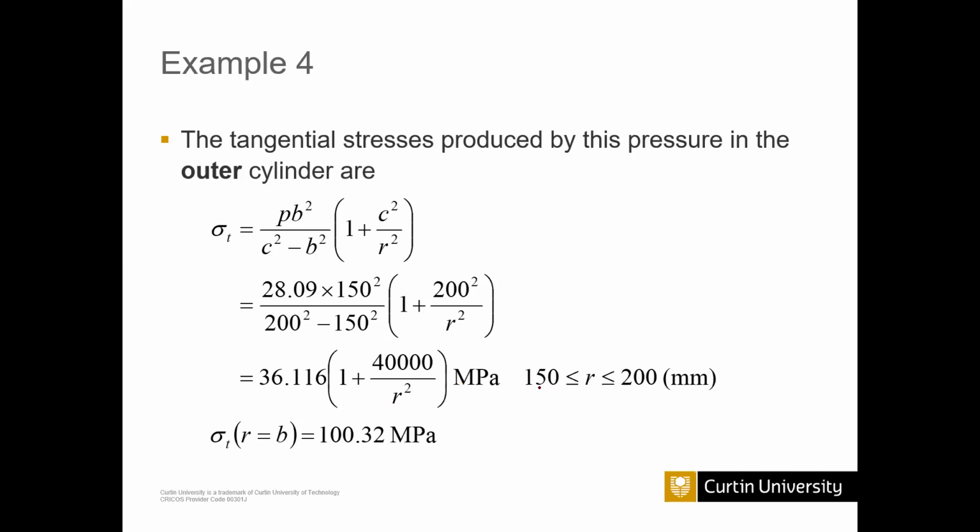Then with boundary conditions, you will get the general equation. That equation is valid only for this range, so you can find the tangential stress at the inner surface of the outer cylinder and at the outer surface of the outer cylinder.